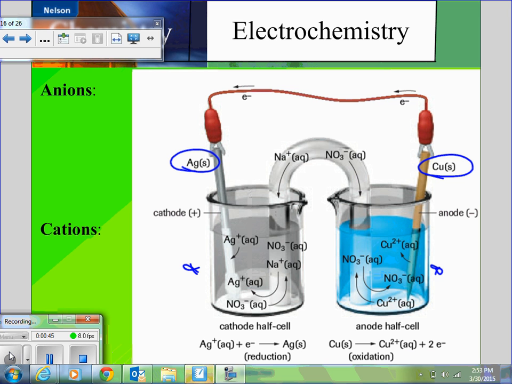And then you can also look at your ions, Ag+ and Cu2+, and see which of those is a stronger oxidizing agent. By doing that, we're going to see that the SOA, which is reduced, is the silver ion. Your SRA, which is oxidized, is the copper.